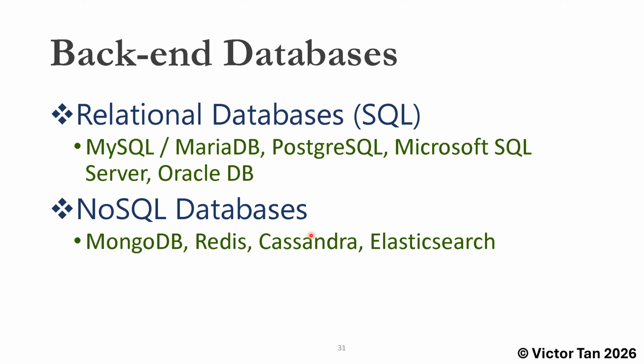When your data is distributed and reads and writes are not very consistent, which is typical in big data environments, then you are going to use NoSQL databases. The most popular one is MongoDB.